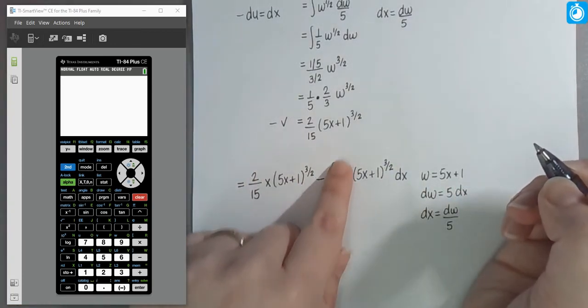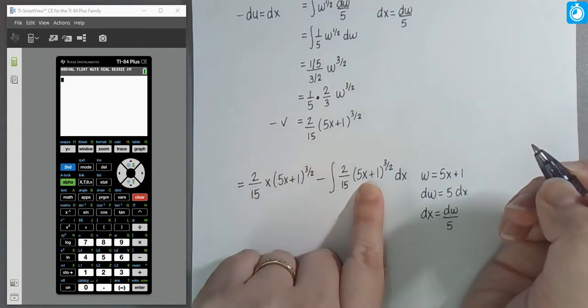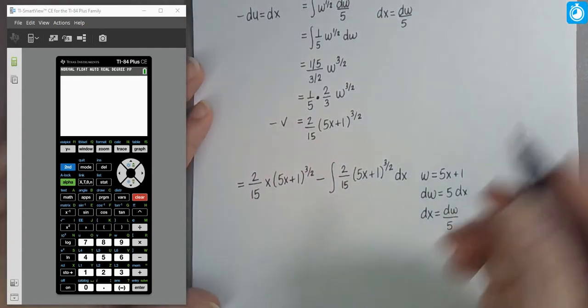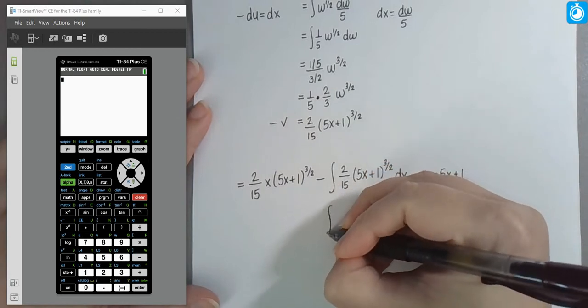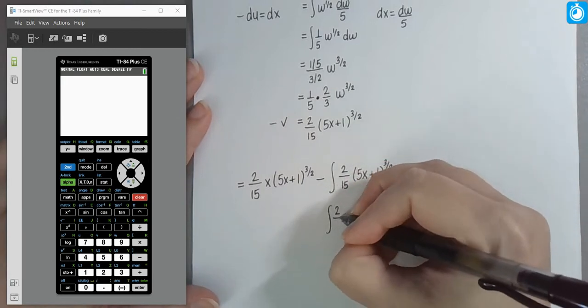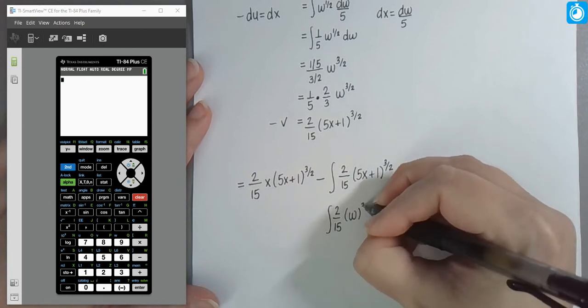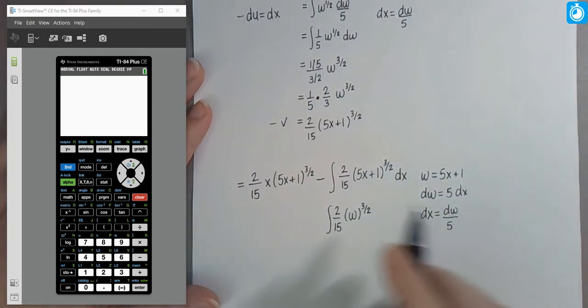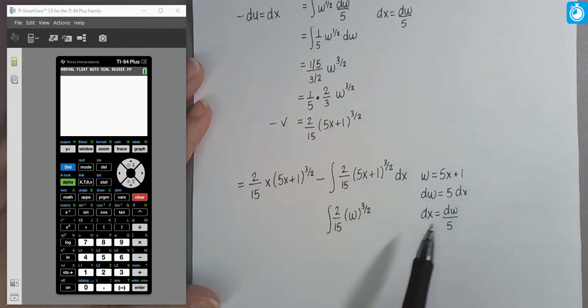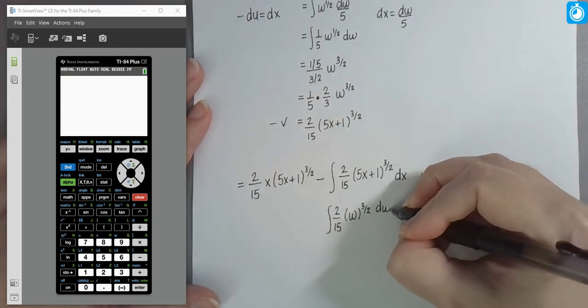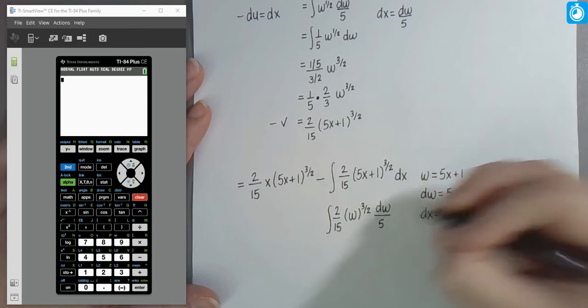So we have 2/15 times what we're now replacing with w raised to the 3/2 power. So we have the antiderivative of 2/15 times w raised to the 3/2 power. And we're changing our variable of integration. So dx now becomes dw over 5.